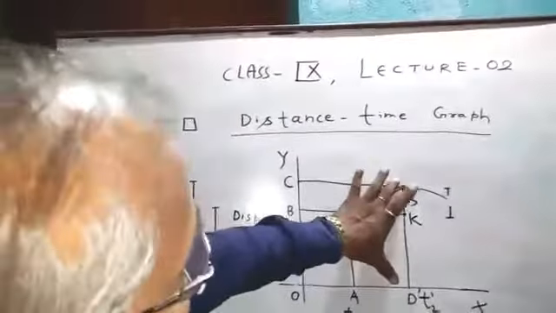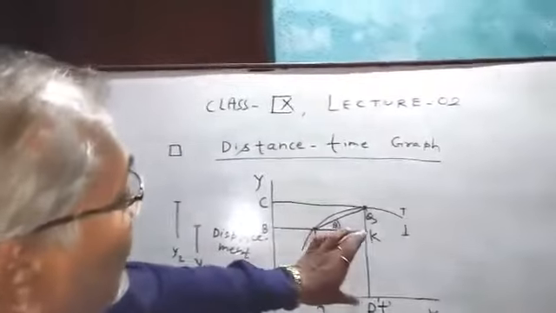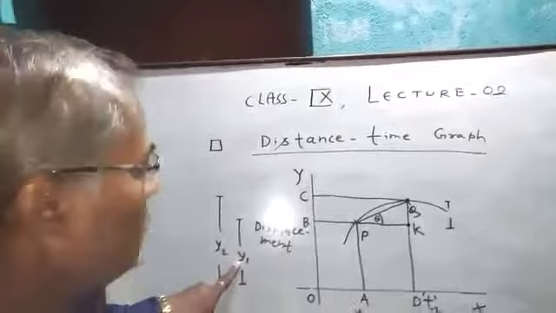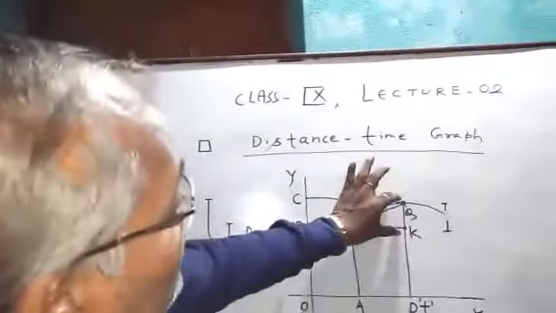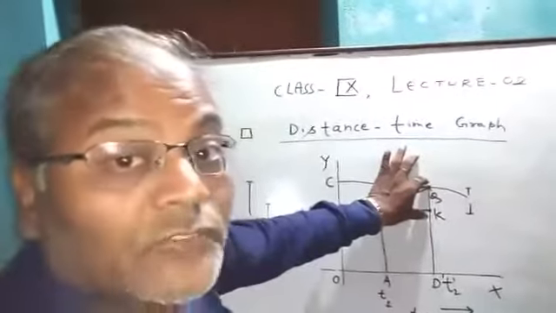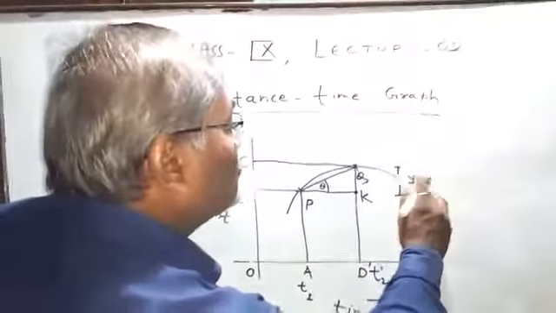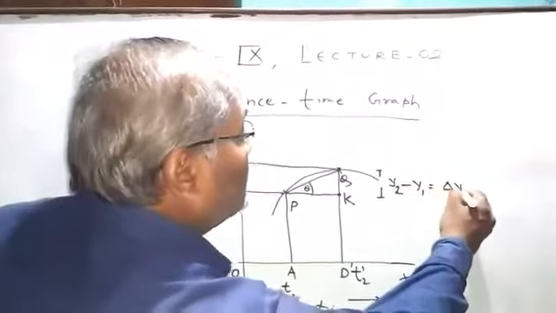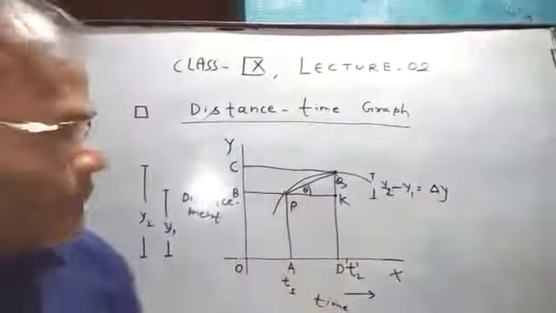We have QD as y2 and KD as y1, so y2 minus y1 represents the length of QK. It represents delta y, the change in position.